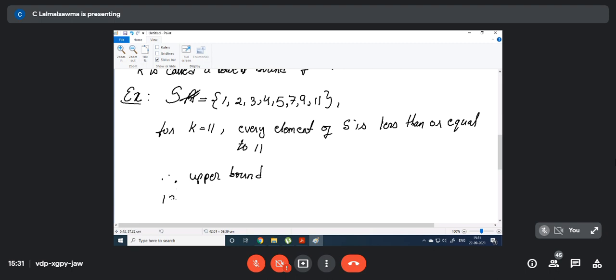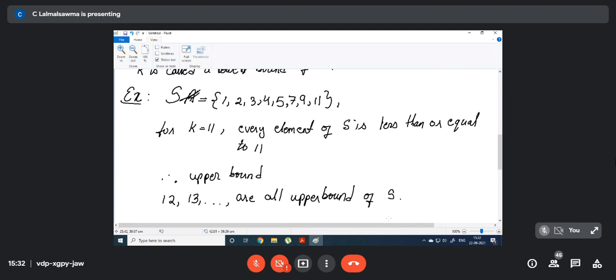If we take k equal to 12, all the terms are less than 12, 13, and so on. So all these are also upper bounds of S. I think it is clear by the name.